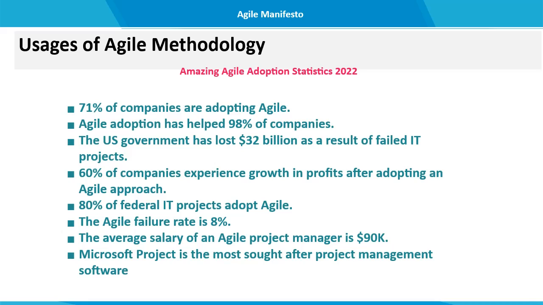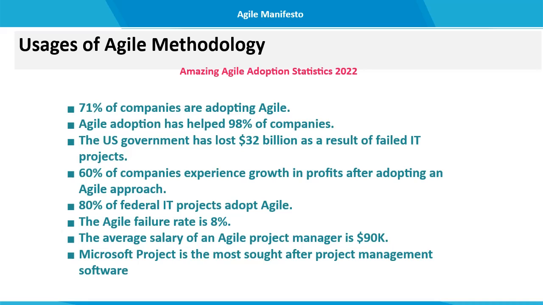If we have a look at the Agile Adoption Statistics 2022 report, we will find the following facts. 71% of companies are adopting Agile. Agile adoption has helped 98% of companies.